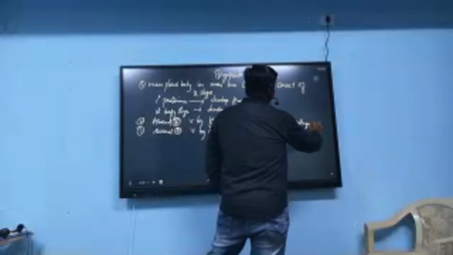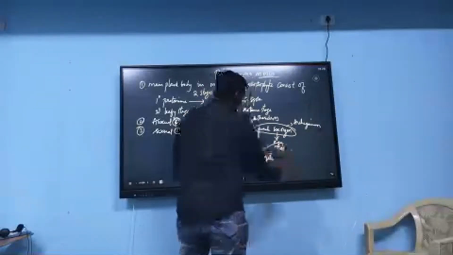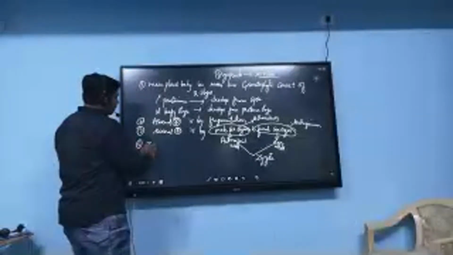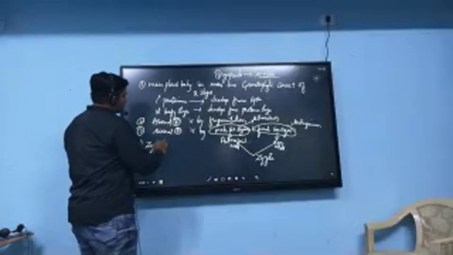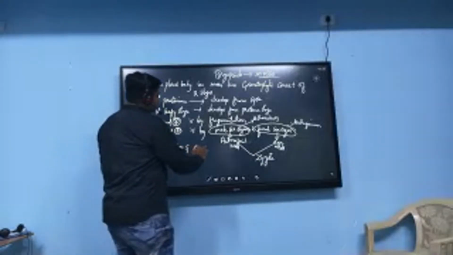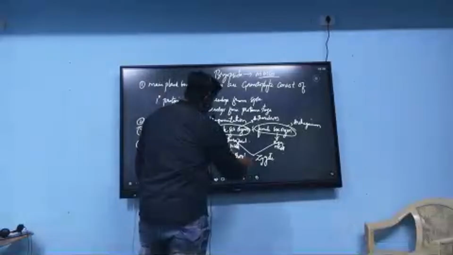When the fusion of these two takes place, it will lead to the formation of zygote. N cell, N cell together lead to the formation of zygote. Then zygote develops and converts into sporophyte plant body.